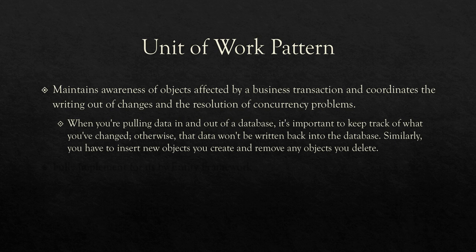Sometimes we'll use observable collections in some situations, things like that, but we have a certain way of doing this in MVC, right? And then we want to make sure that all the information is properly written back to the persistence layer, whether it be a database or some other layer, right? And new objects have to be inserted. We have to remove ones that are deleted and so on.